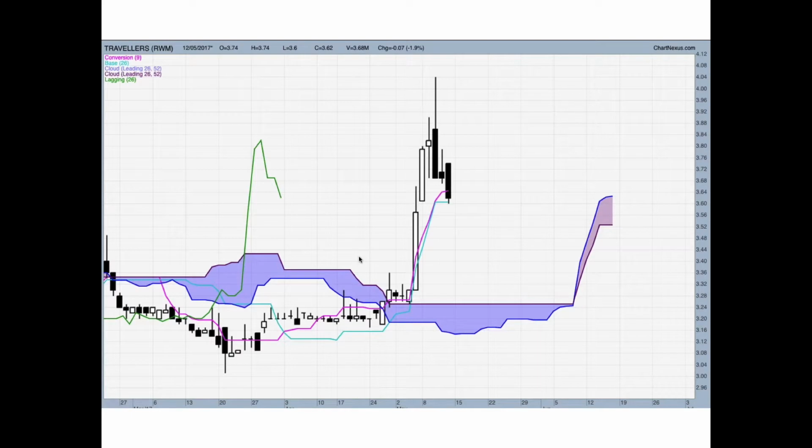RWM also made bullish crossovers above the Kumo, and the forward Kumo, or the Kumo 26 periods ahead, is bullish. It's a pink Kumo with a Senkou A above the Senkou B. If you're paying close attention to the RWM chart, you may have anticipated that strong move to the upside because of that Kumo twist that happened 26 periods ahead.